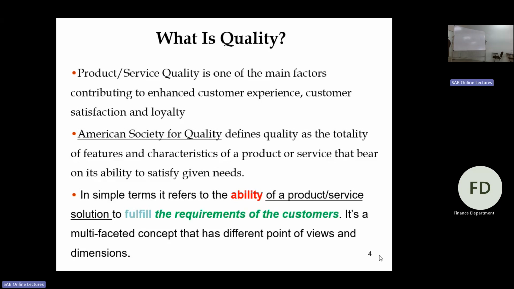So in simple terms, quality refers to the ability of a product to fulfill the requirements of customers. Have you come across this definition before? What is the meaning of quality? The ability of a product to fulfill the requirements of customers.